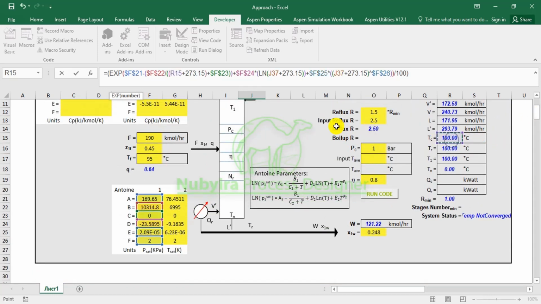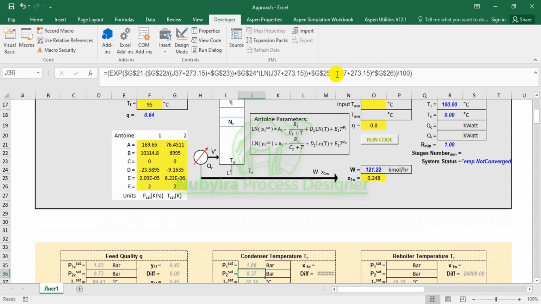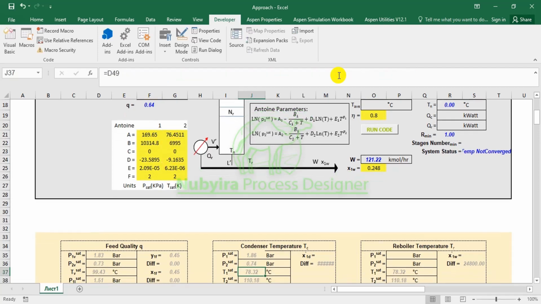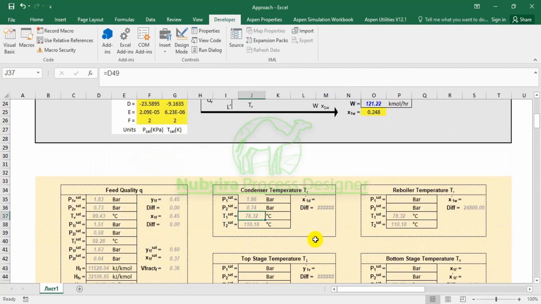So this is the temperature of the condenser, R15. So for this, I'm going to change it to R15 too. Okay, so we're done.